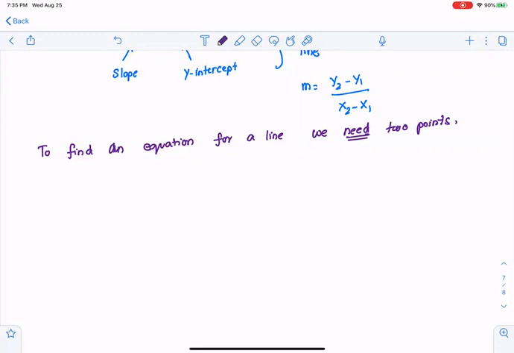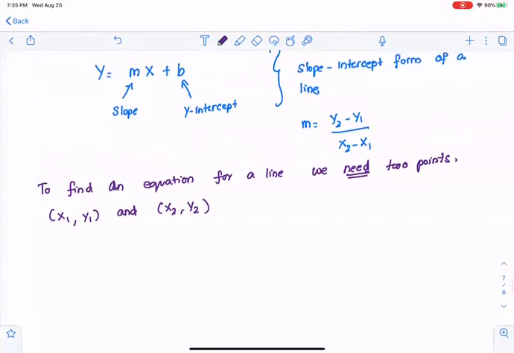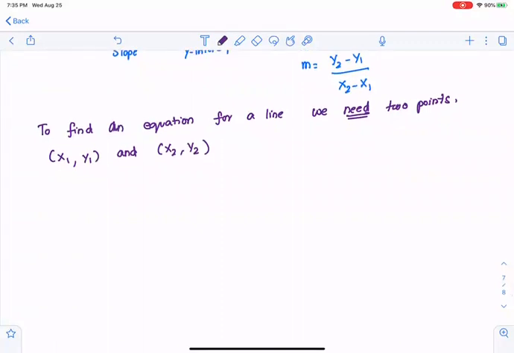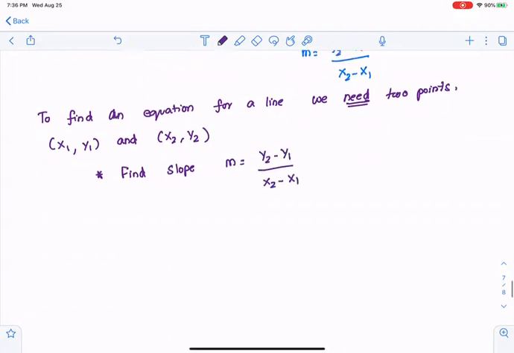Let's just say the points are x1, y1 and x2, y2. So how do we solve for the slope and the y-intercept to find the equation of the line? Quite simple. First step is to find the slope, using the formula y2 minus y1 divided by x2 minus x1.